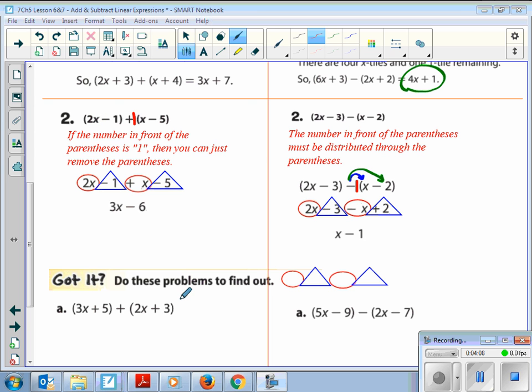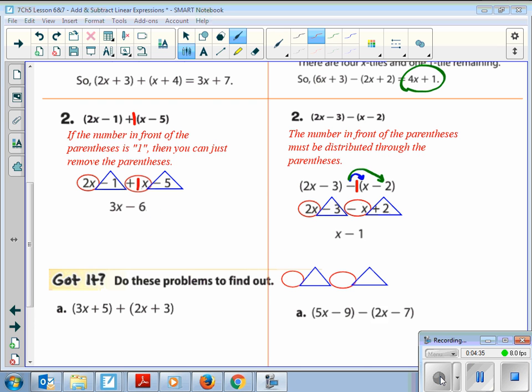Once we take the parentheses away, we have 2x minus 1 plus x minus 5. Okay? And then you can combine your like terms. So we have a 2x plus x, plus 1x, and that's going to give me a 3x. And then we have negative 1 plus a negative 5, and that's going to give me a negative 6.